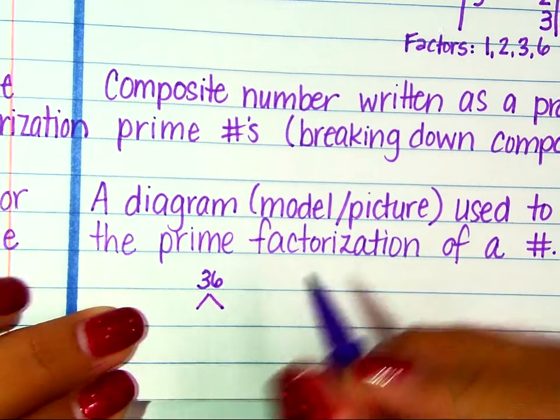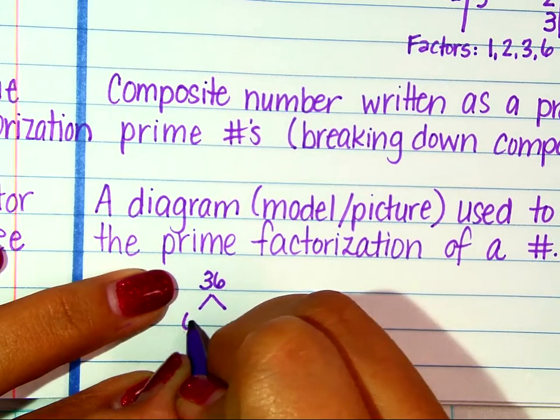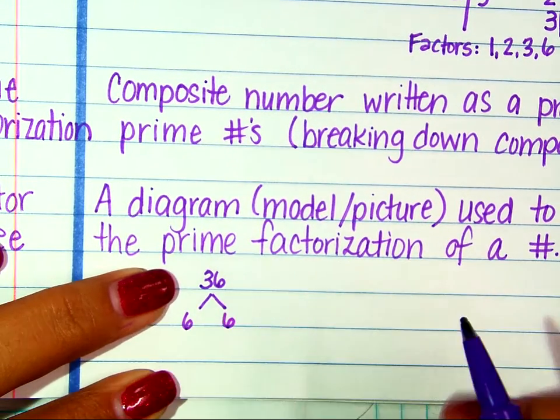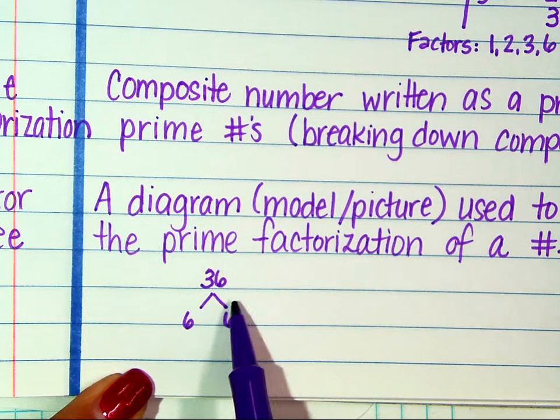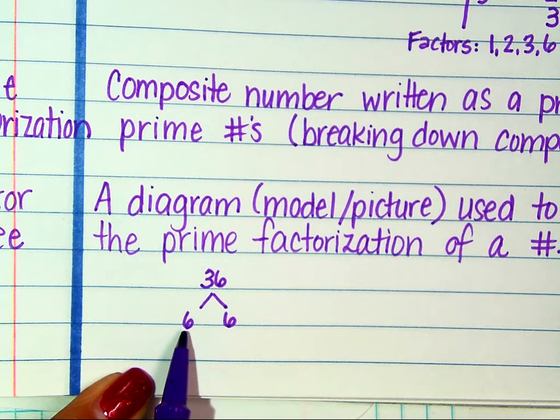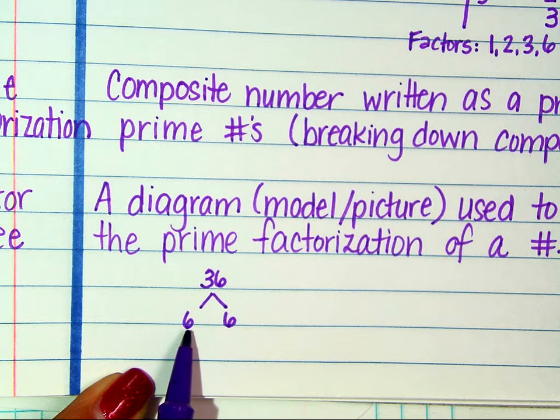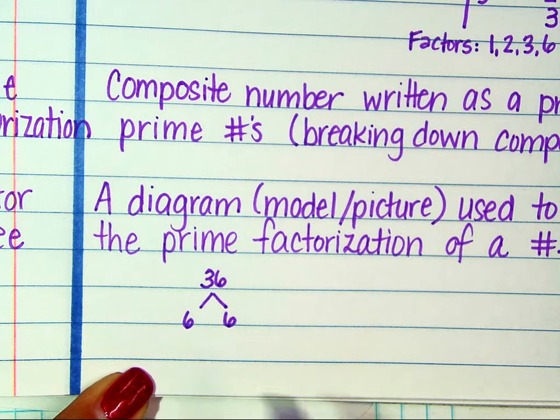I could say 6 times 6. And every time you have what we're going to call branches from the tree, you have to determine, is the number at the end of the branch a prime number or a composite number? If it is prime, you're going to circle it. If it's a composite number, you have to continue to break it down.